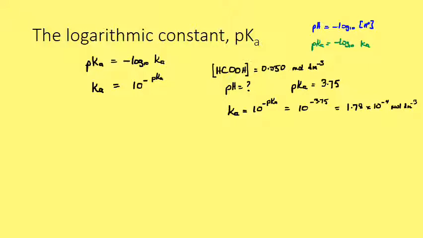We can use that to find the hydrogen ion concentration using the acid dissociation constant expression. So just moving left, we're going to now write down the expression for the acid dissociation constant, which you remember is the hydrogen ion concentration times the conjugate base concentration. So we've got HCOO minus.